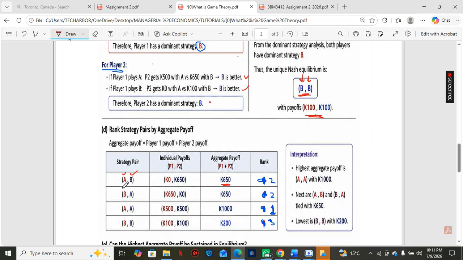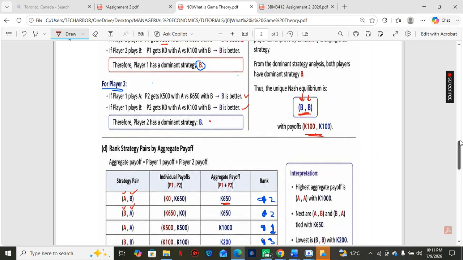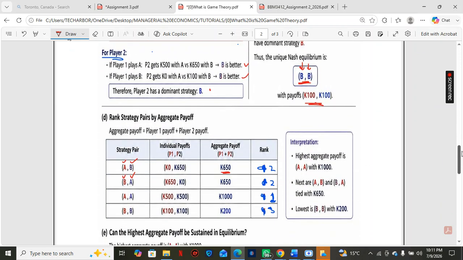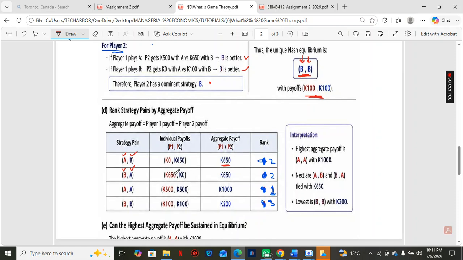Player one chooses B and player two chooses A. It's this one here. Again, 650 plus 0, 650.